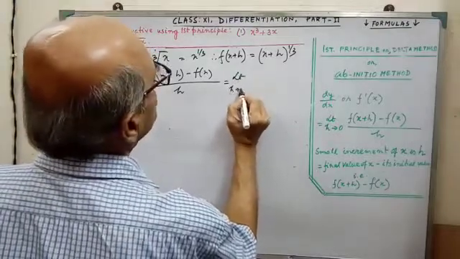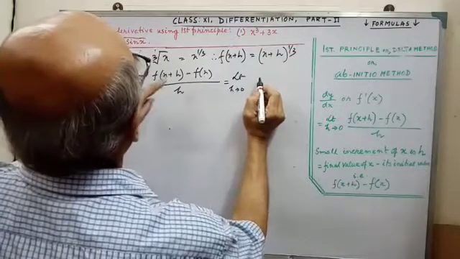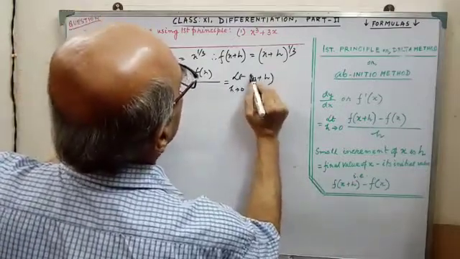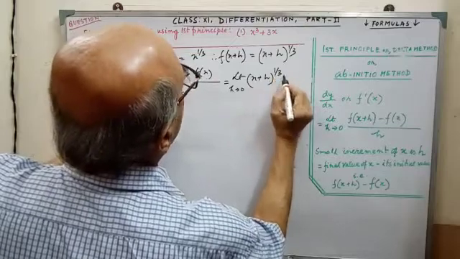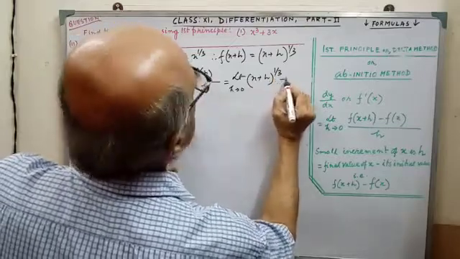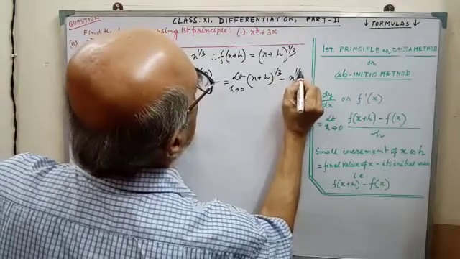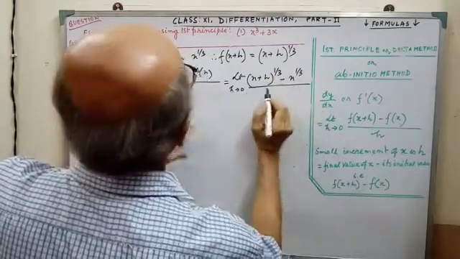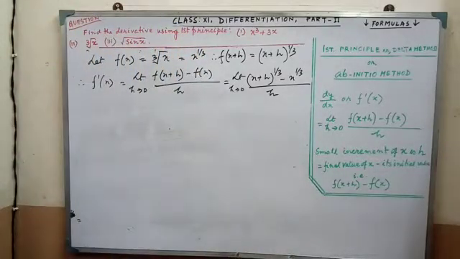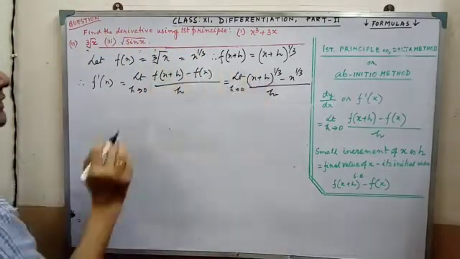Equal to, now we put in the value, limit h tends to 0 of (x plus h) whole to the power 1 by 3 minus x to the power 1 by 3, divided by h. Up to this it is very simple, we are just putting in the value.